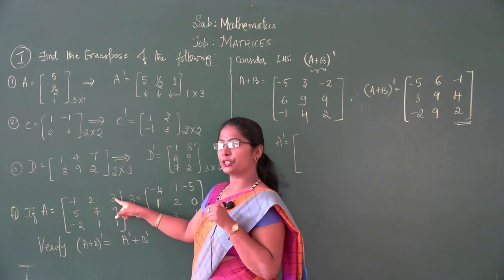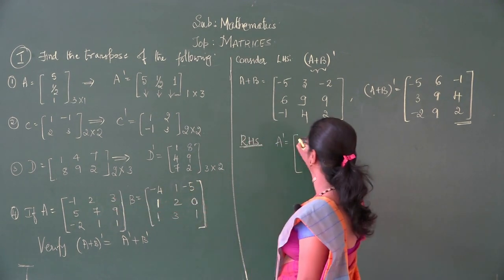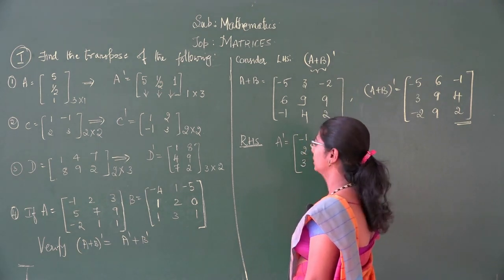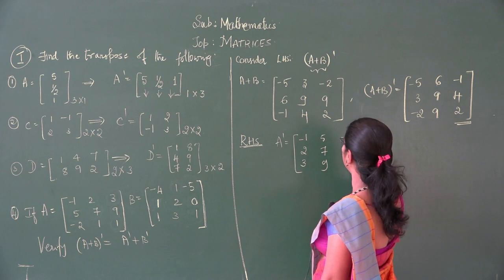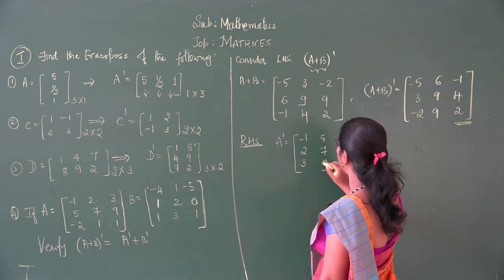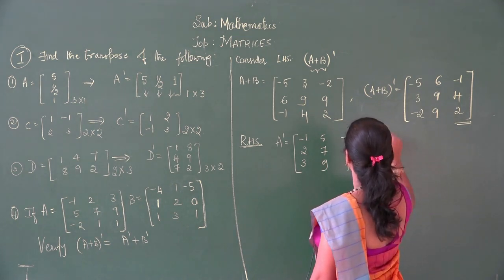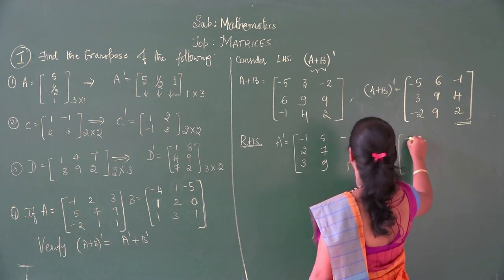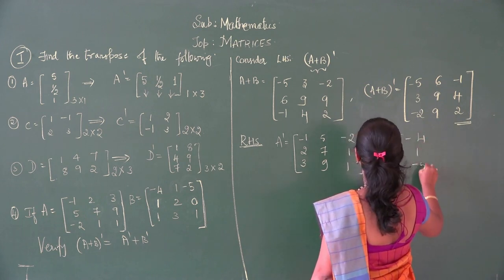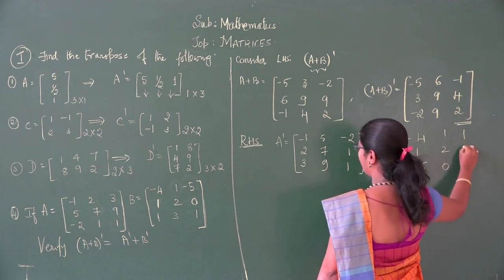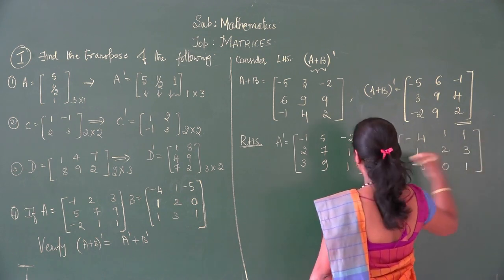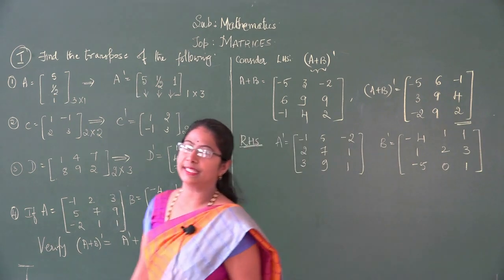Rows are interchanged into columns, which can be written as minus 1, 2, 3, 5, 7, 9, minus 2, 1 and 1. What is B dash? Minus 4, 1, minus 5, 1, 2, 0, 1, 3, 1. This is all about A dash and it is B dash.